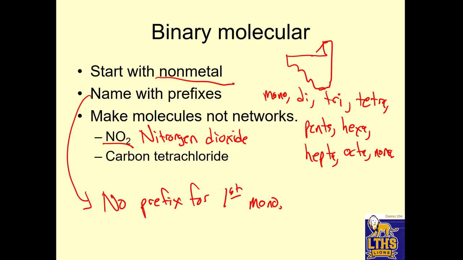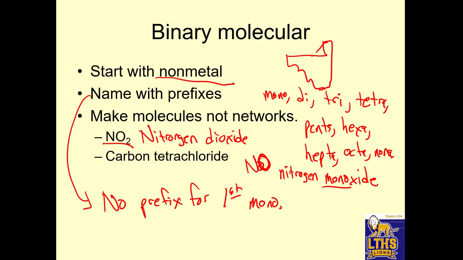So if the second one is mono, so it was NO, it would be nitrogen, no prefix on the first mono, monoxide. Because you do use mono in the second one if it's a mono.